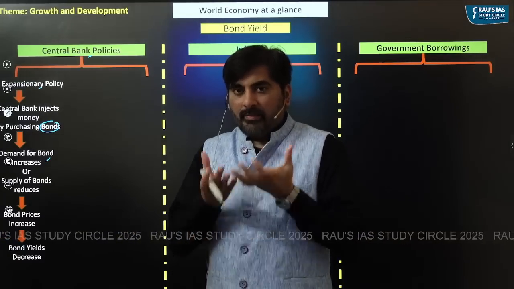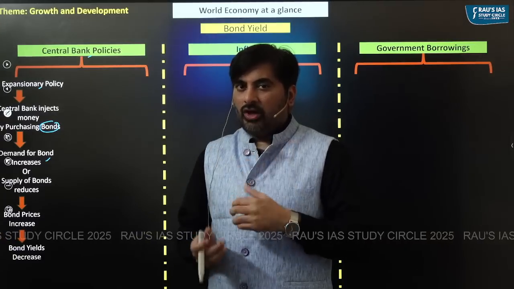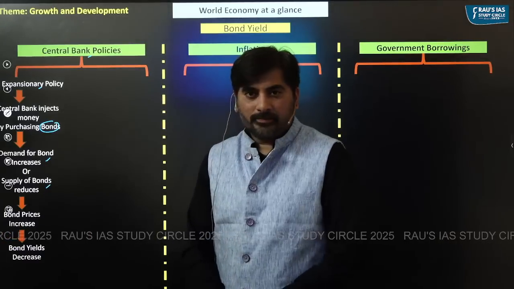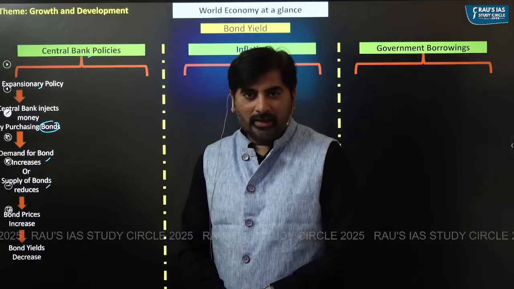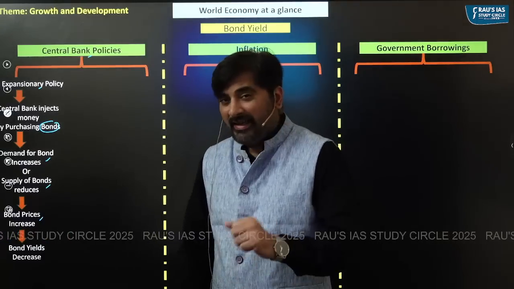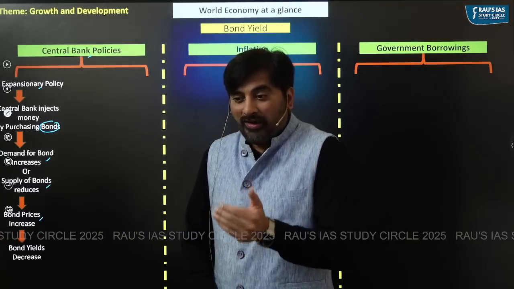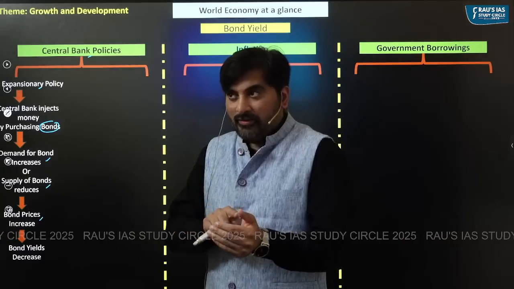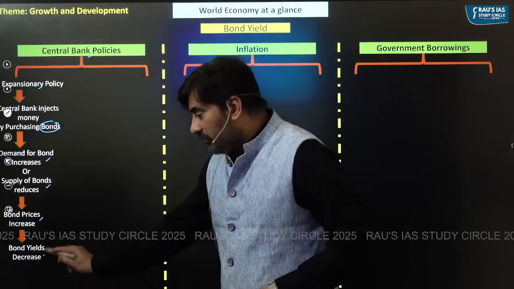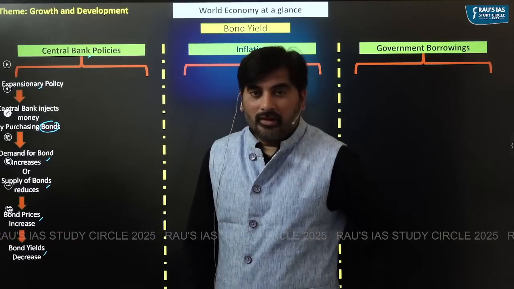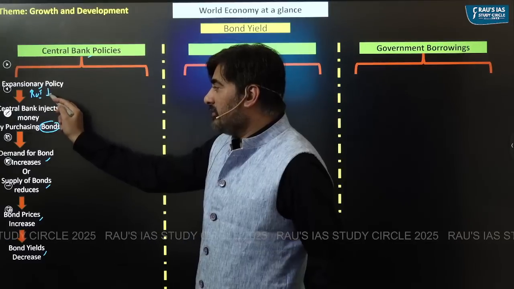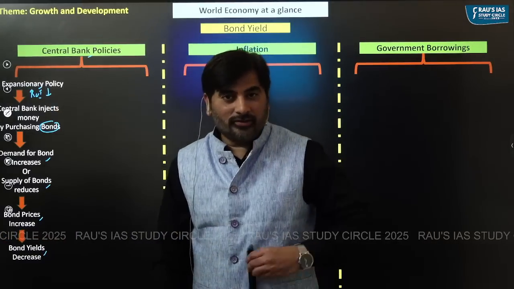One, demand for the bonds is increasing, or supply of the bonds is reducing. If demand increases, supply reduces, what will happen to bond price? Bond price will increase. Bond yield, please remember, is always inversely proportional to bond price. So bond yield will reduce.